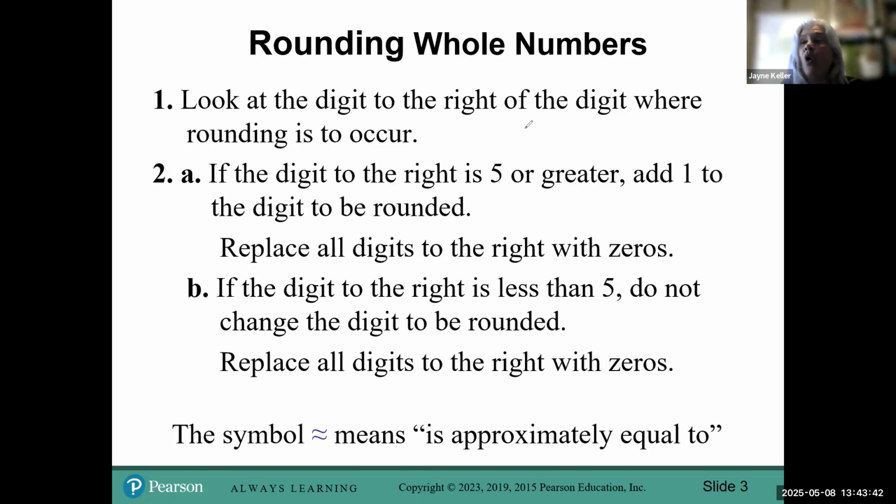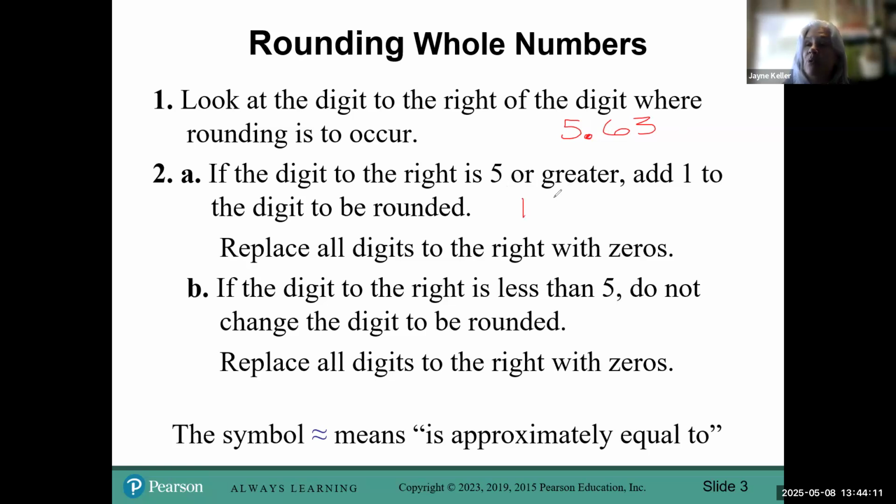A whole number doesn't have anything to the right of the decimal point. So this isn't a whole number because I've got digits over to the right. If I'm rounding a whole number, I'm looking at the digits over here, and what I do is I just look to the right of that number.